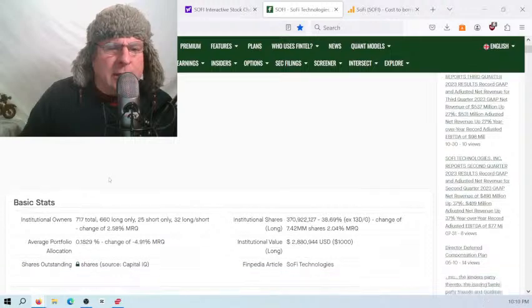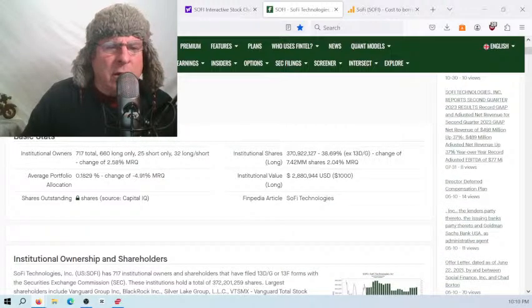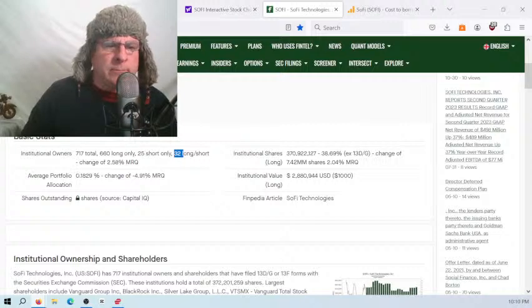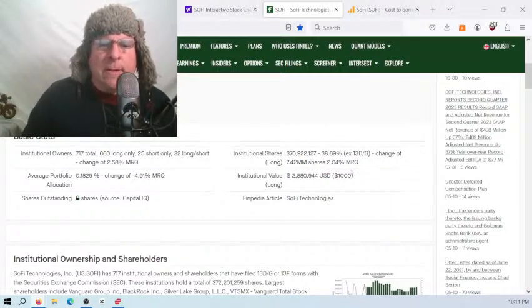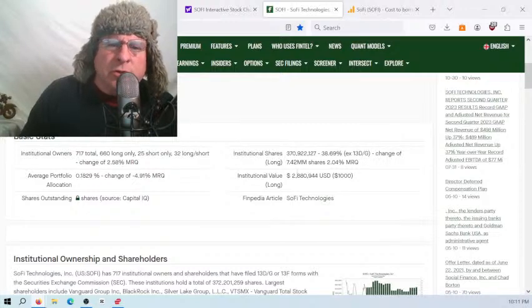You can see 660 of them are long, 25 short, 32 long and short. The change today was a 2% institutional gain, 7.42 million shares. It's a big change in institutional shares.